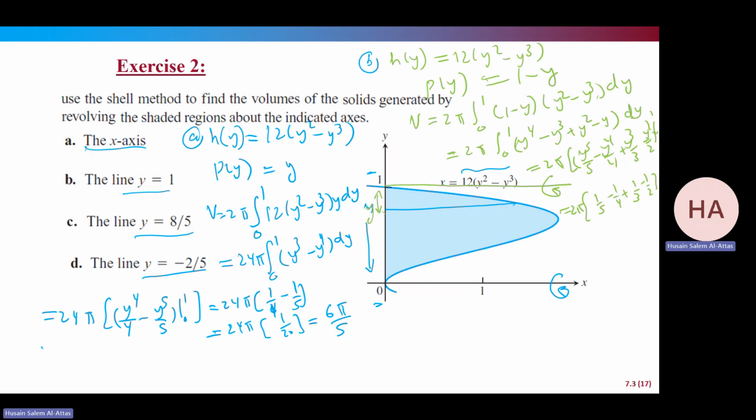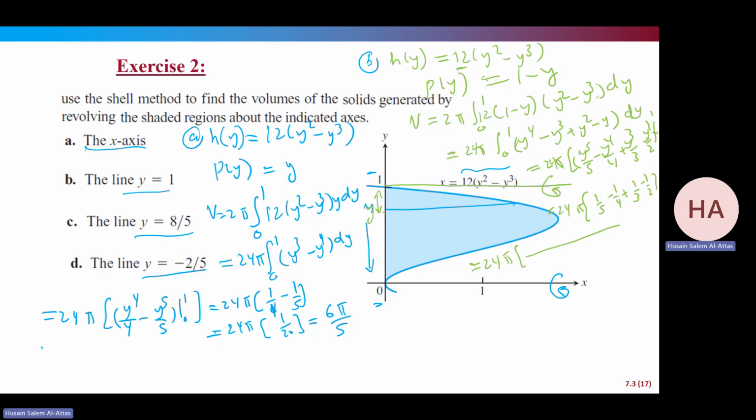Yeah, let me try to simplify it. I forgot the 12. Oh, yeah, the 12 is gone. I have 12 here, so it will be 24 pi. Sorry, I forgot the 12. What will be the common factor?